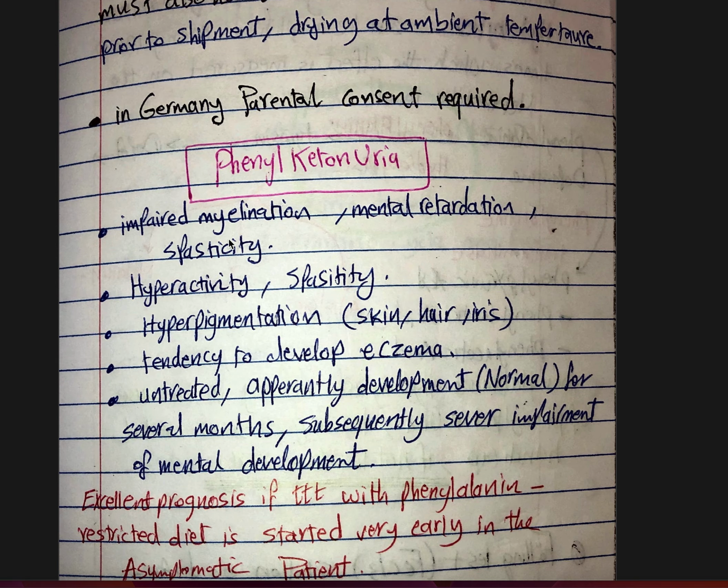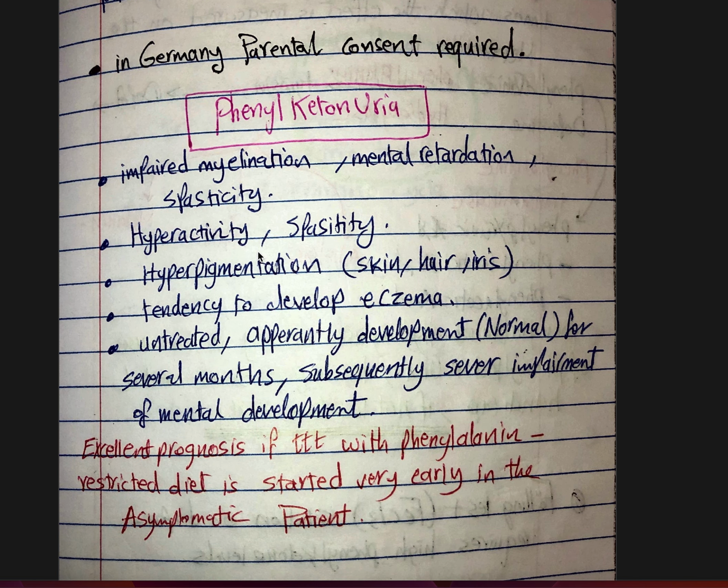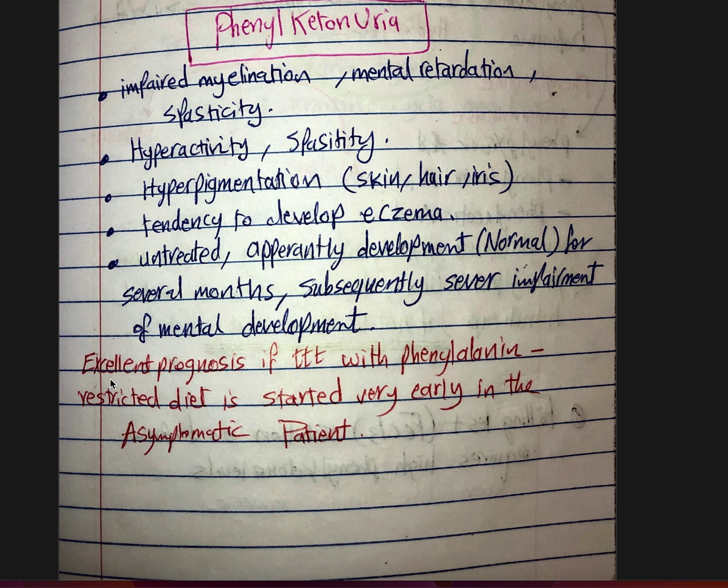Then we're talking about another disease, phenylketonuria, which I discussed in a separate video. The symptoms: impaired myelination, mental retardation, spasticity, hyperactivity, hypopigmentation, tendency to develop eczema. Untreated, the child is apparently normal for several months, subsequently with severe impairment of mental development.